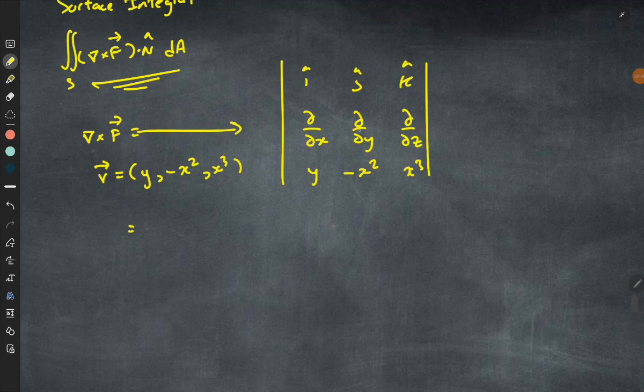All right. So that with respect to y is 0, that with respect to z is also 0. So there's no i hat component. Okay, so there's a j hat component, it seems like.